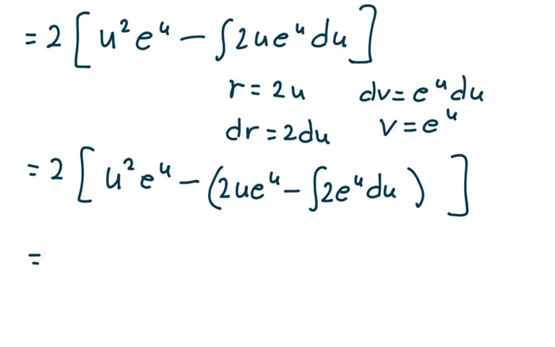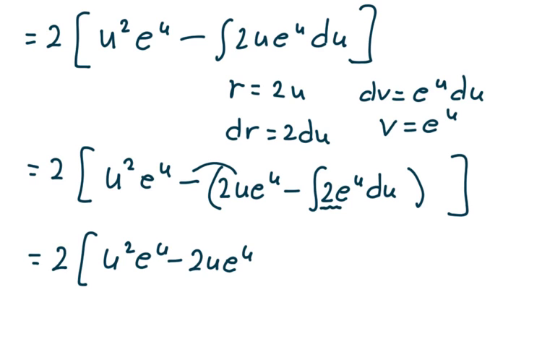And so this is 2 times u squared e to the u minus 2u e to the u. If I distribute the negative in, and if I integrate, I just get 2e to the u. So I get plus 2e to the u plus c.